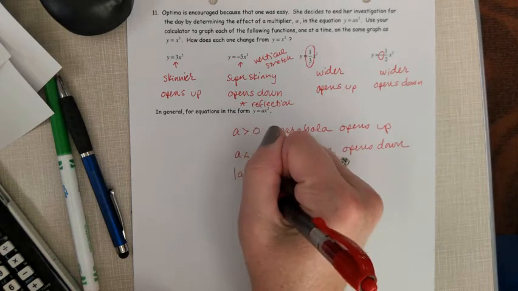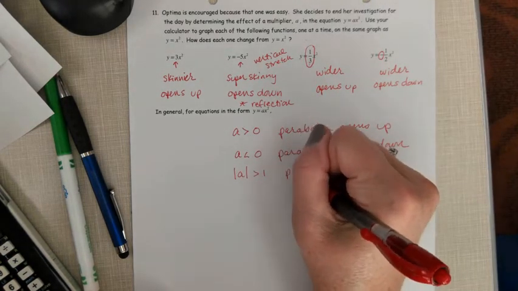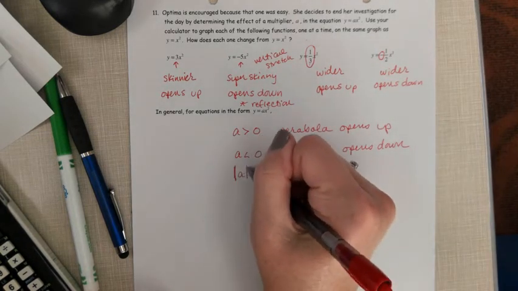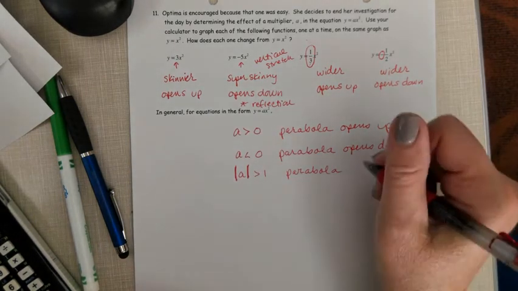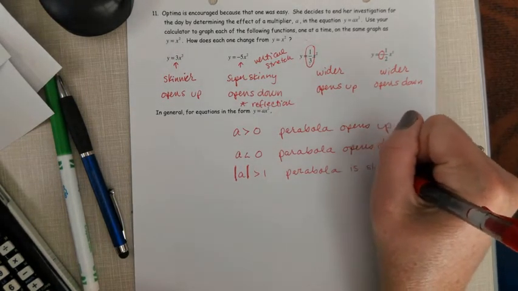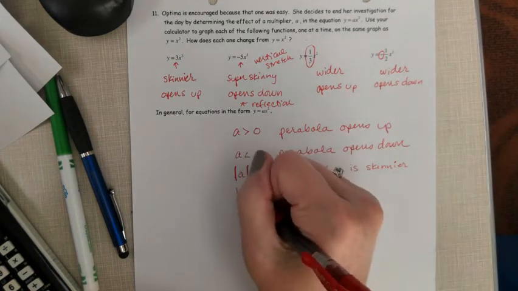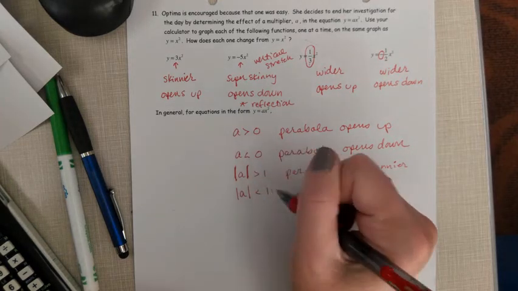If the absolute value of a is greater than 1, no matter if the number is positive or negative, it's going to make the parabola skinnier. If it's less than 1, it's going to be wider.